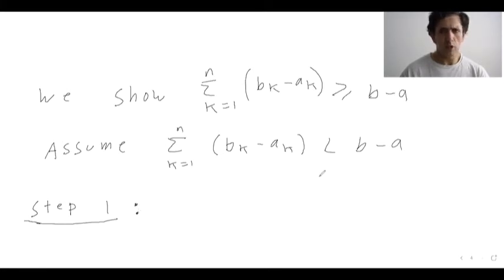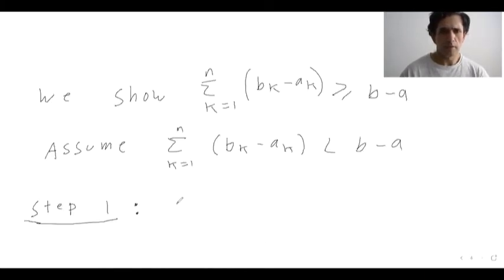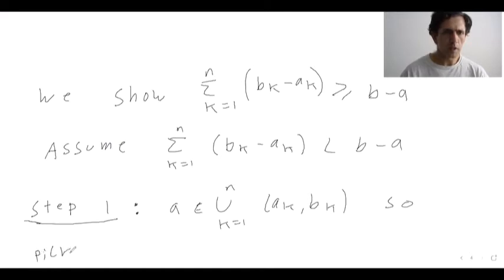So obviously a is in [a, b]. So a is in one of these intervals. So a is in this union here. Let's pick, I'm going to use subsequence notation.